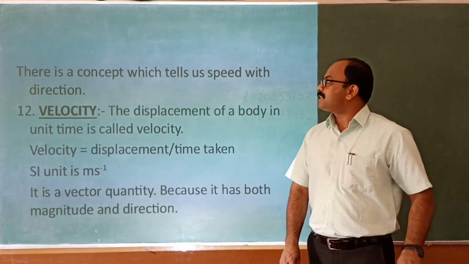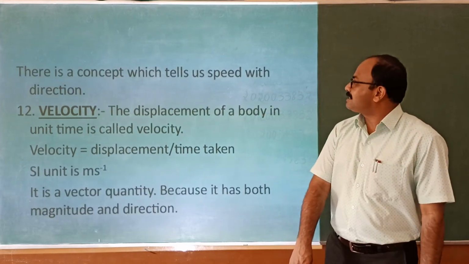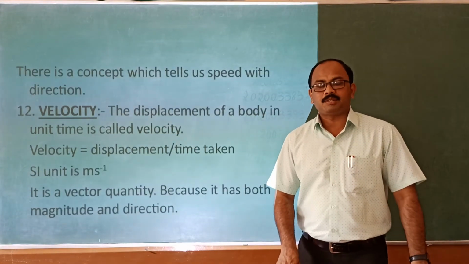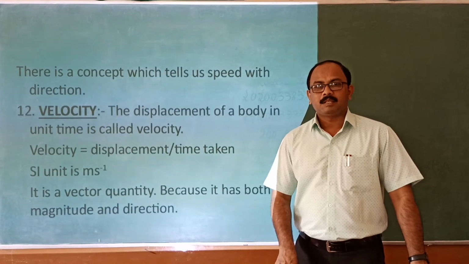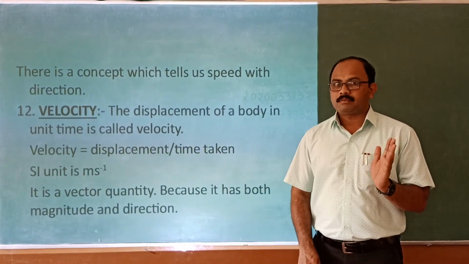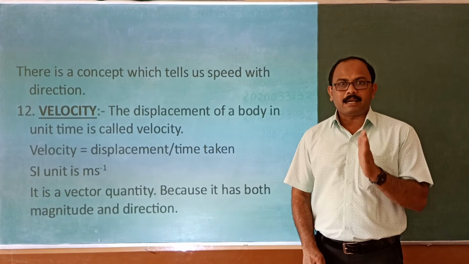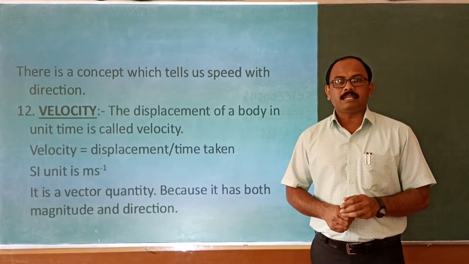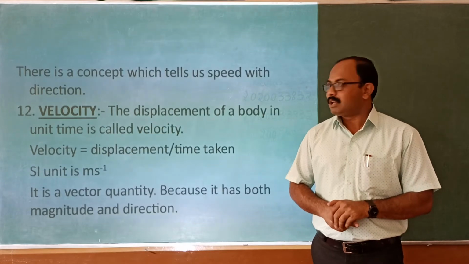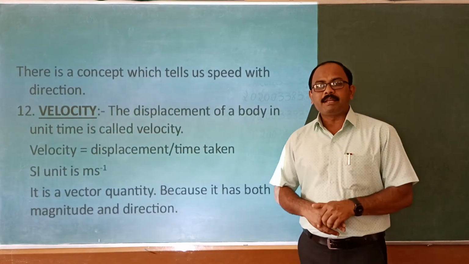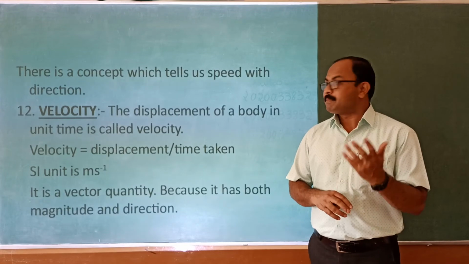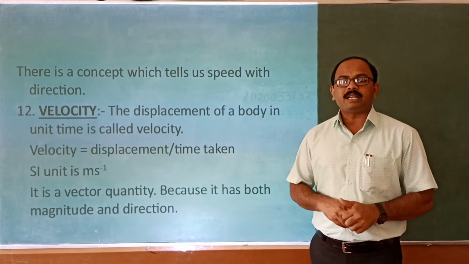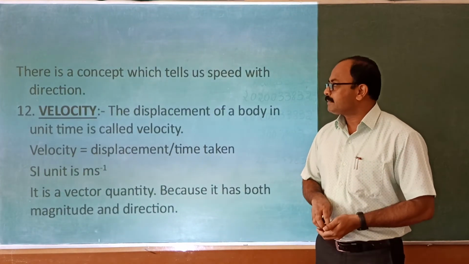There is a concept, children, which tells us speed with direction. Speed has no direction. If speed has a direction, then we say it is velocity. It is another term, children, velocity. It can be calculated. The displacement of a body in unit time is called velocity.